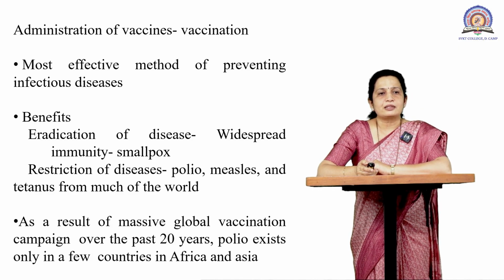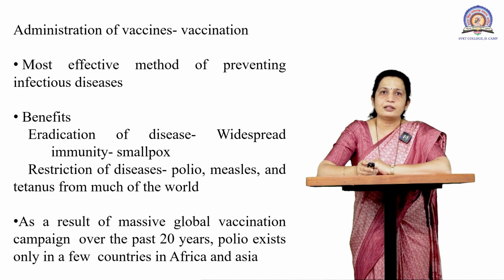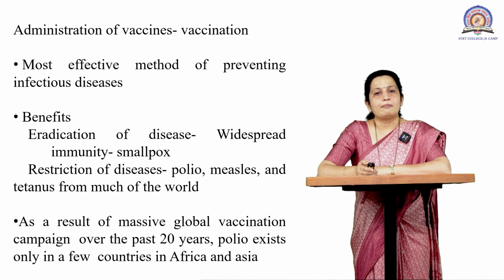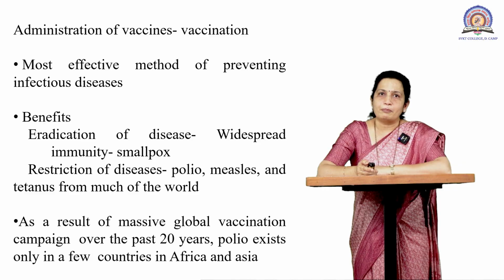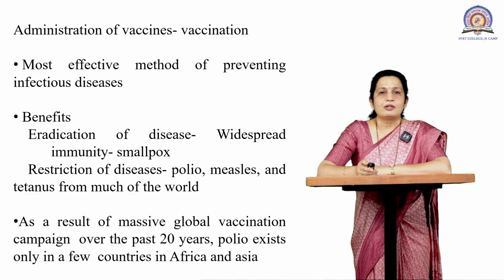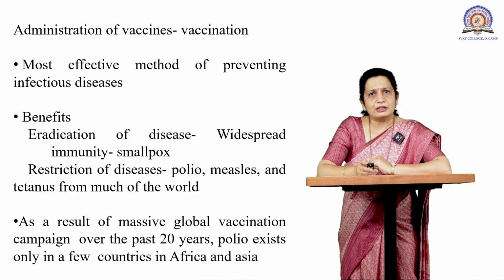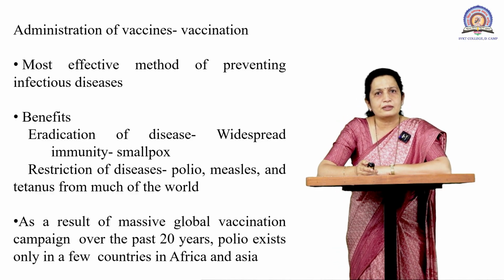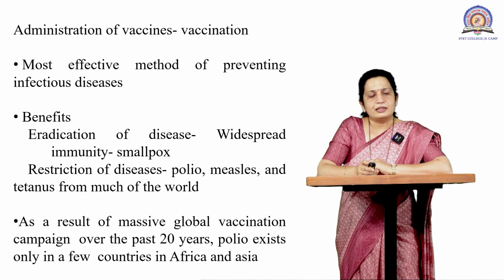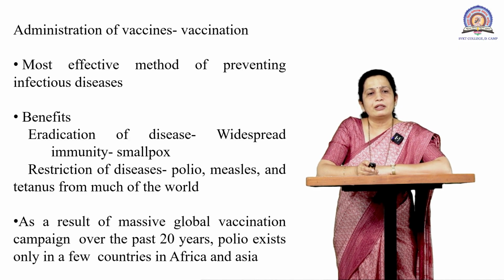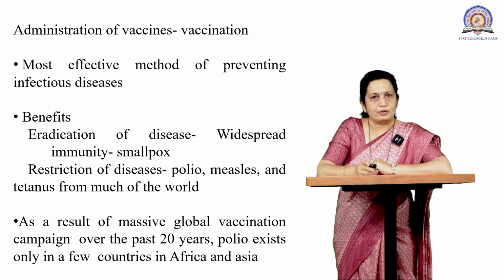All these diseases are controlled due to the use of vaccines. Therefore, there is a massive global vaccination campaign for various diseases. For polio, for the past 20 years there has been massive vaccination, and because of this the disease is now controlled in many parts, like Africa and Asia.